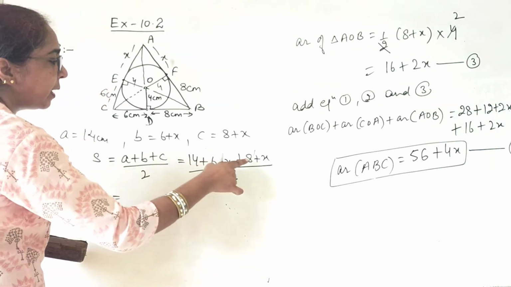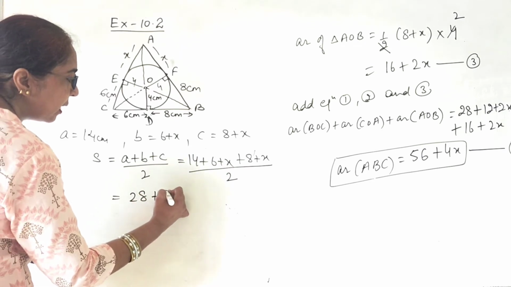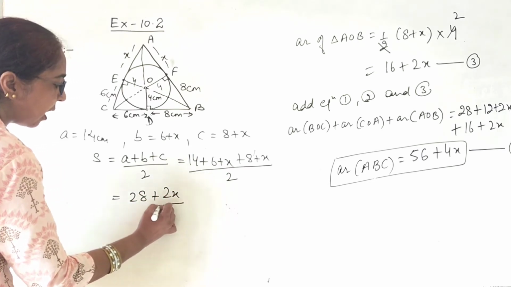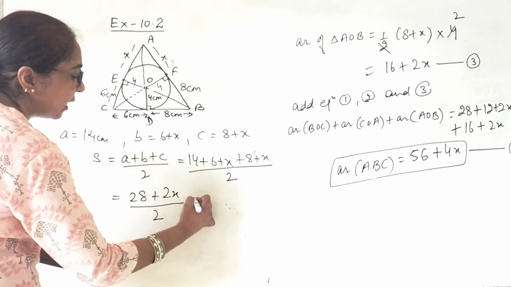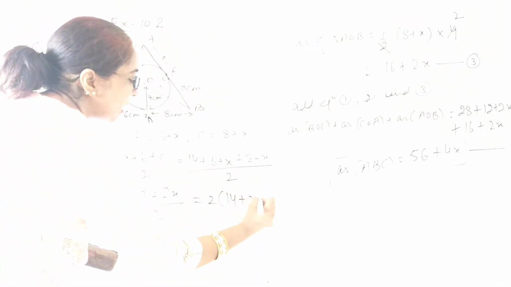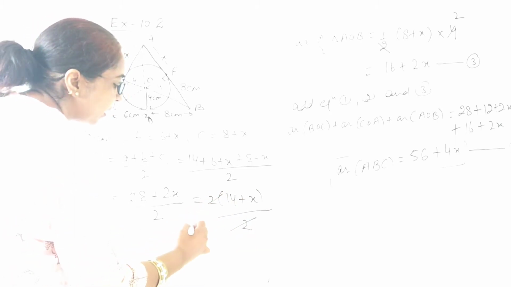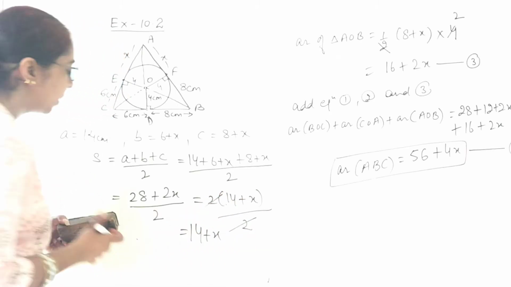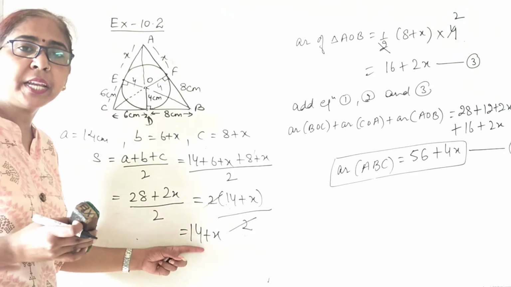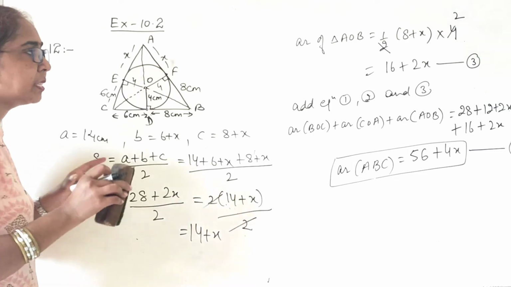So 14 plus 8 plus 6 is 14 plus 14, 28 plus 2x upon 2. You can take common, this is 14 plus x divided by 2. It will cancel out, and ultimately you will get s equal to 14 plus x.